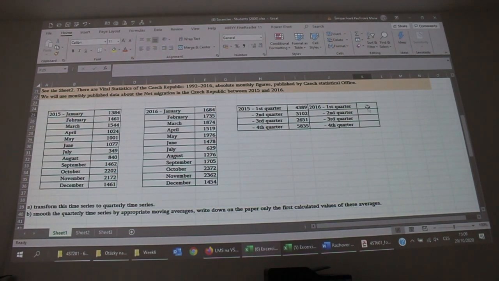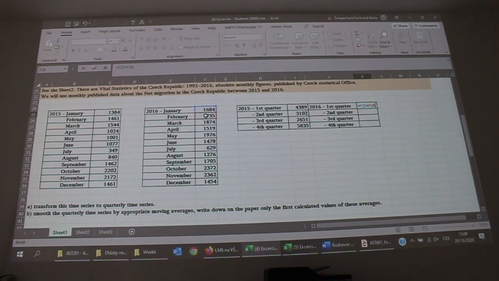Okay, and now we can continue with year 2016: equal sign, January plus February plus March, enter. Equal sign, April plus May plus June, enter. Equal sign, July plus August plus September, and here October plus November plus December. I will use the same formatting, copy format. Okay, so this is the quarterly published time series. So I transformed this monthly time series to quarterly data.